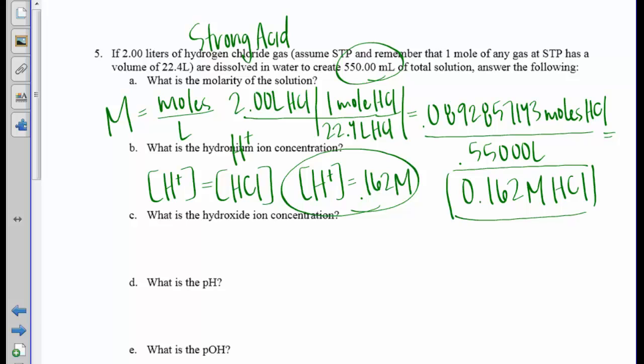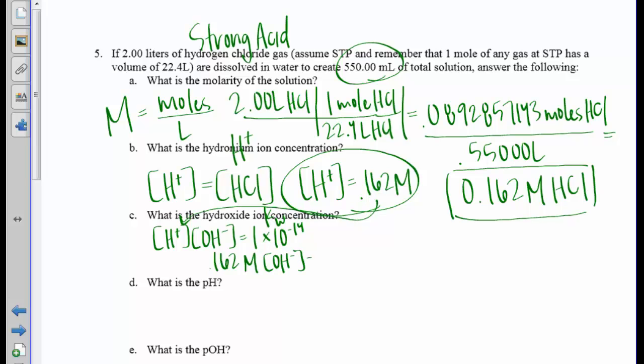So now onto the hydroxide ion concentration. We learned that the hydrogen ion concentration and the hydroxide ion concentration are related. If we take the hydrogen ion times the hydroxide ion concentration, we should get 1 times 10 to the minus 14th. And this value is Kw, which is the ion product constant for water. So we have the hydrogen ion concentration, and we can plug that in. 0.162 molar times the hydroxide ion concentration is equal to 1 times 10 to the minus 14th.